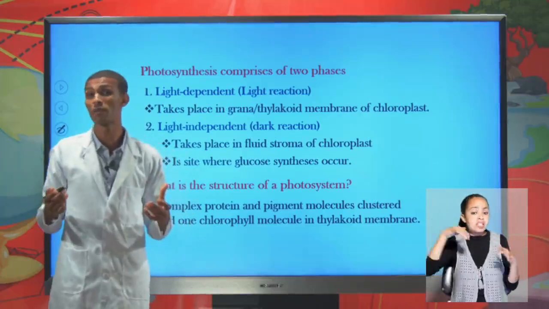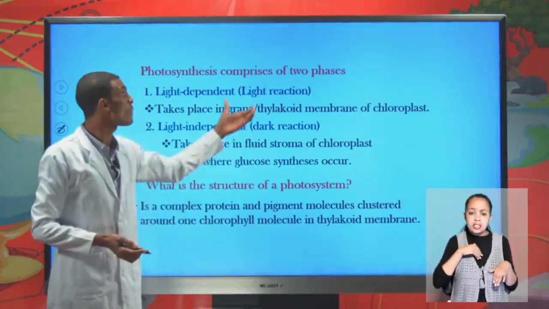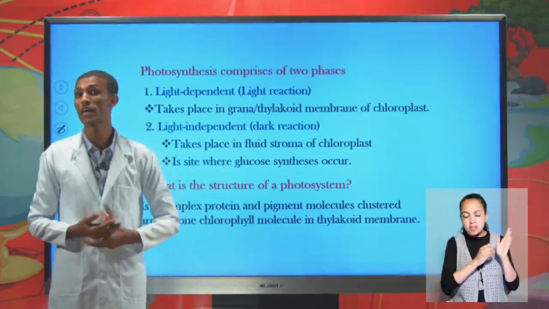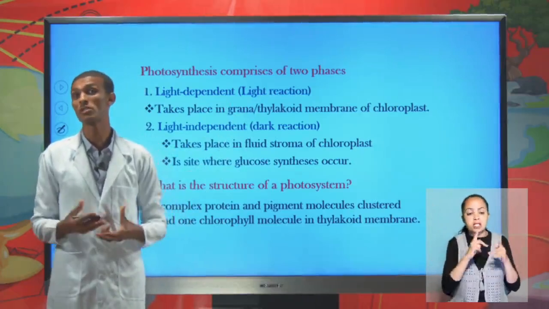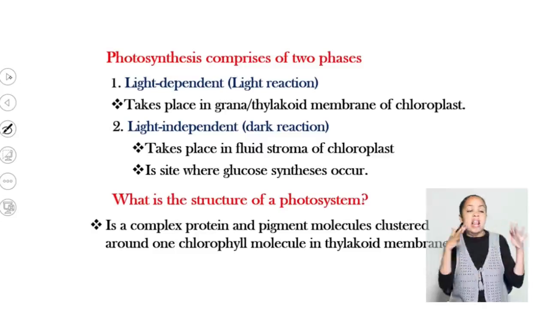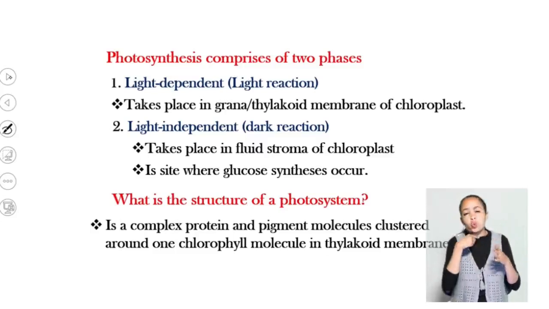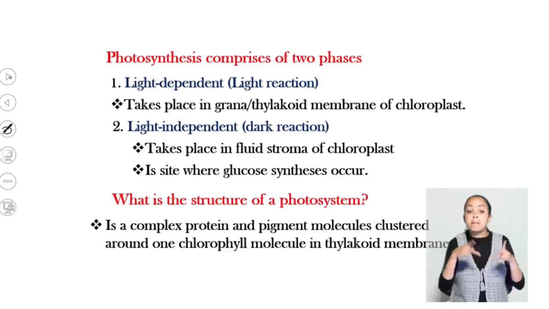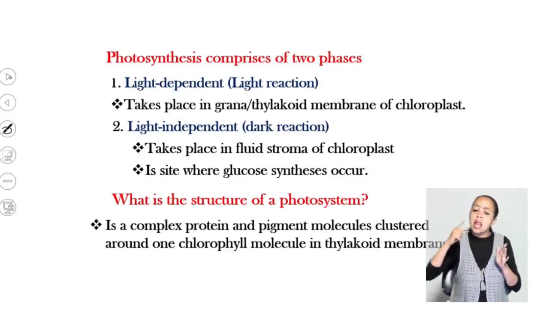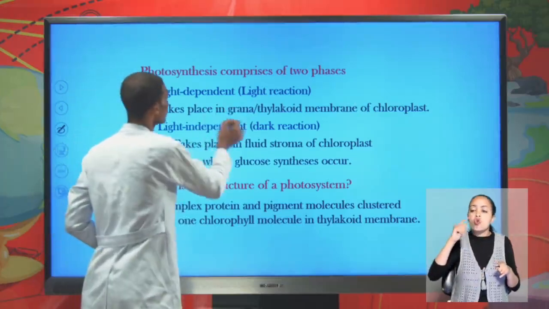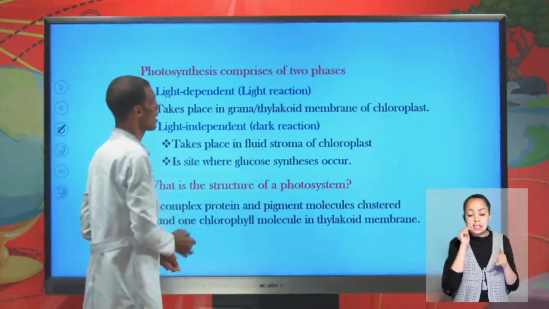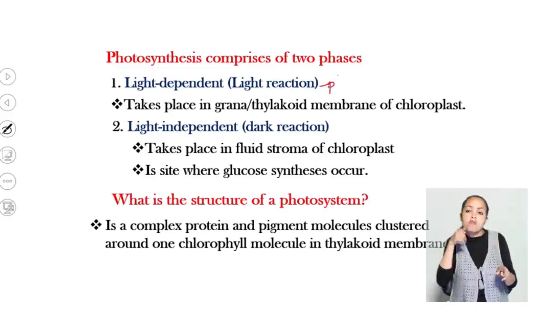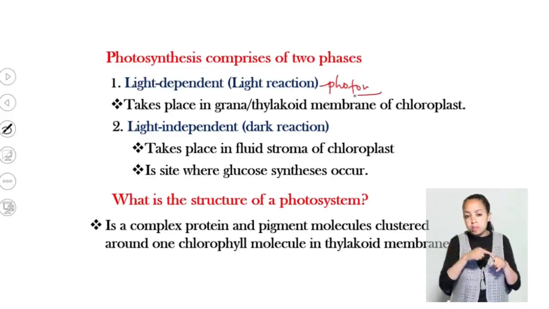Photosynthesis, just like respiration, has two main phases where different reactions take place. One phase is the light reaction, which is the light dependent reaction. It is a reaction that takes place in the granum, the thylakoid membrane, and depends on energy from photons.